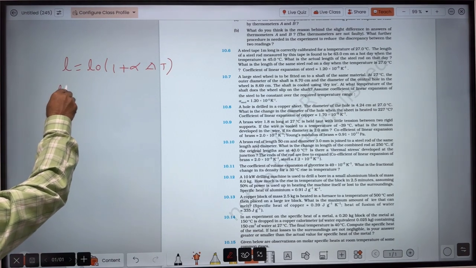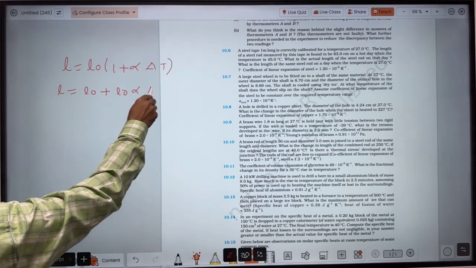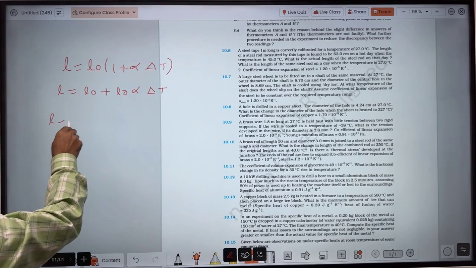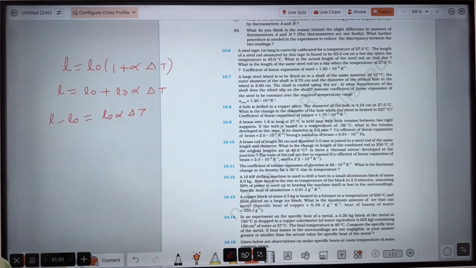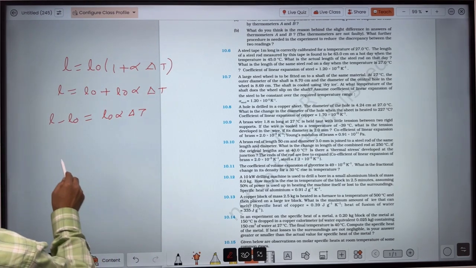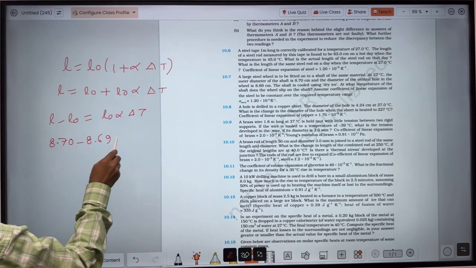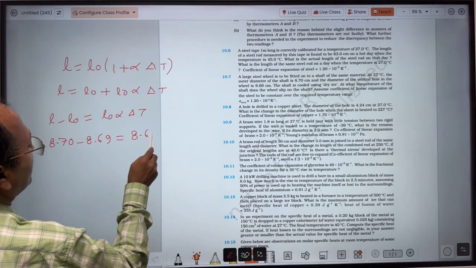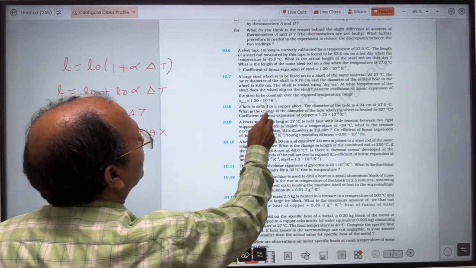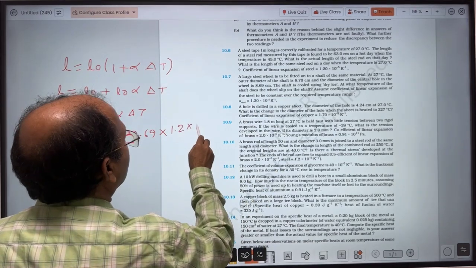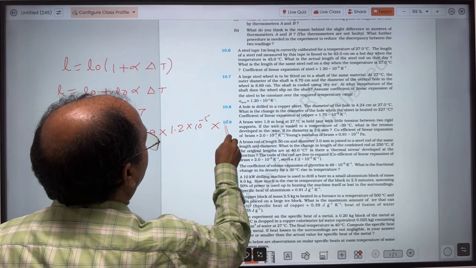So let's write it. L equal to L0 plus L0 alpha delta T, right? And L minus L0 equal to L0 alpha delta T. So first of all, L minus L0 is 8.70 minus 8.69, equal to 8.69 into alpha. Alpha is given as 1.2 into 10 to the power minus 5, into delta T, right?